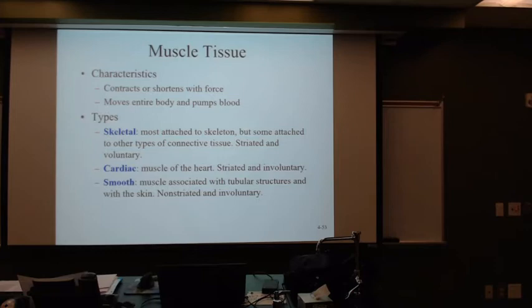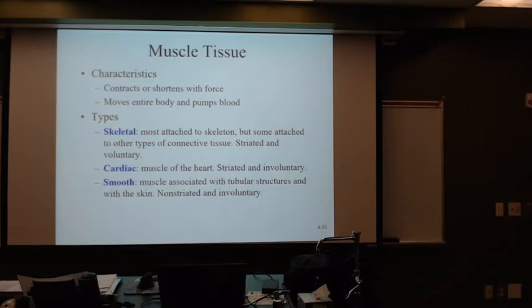We have skeletal, cardiac, and smooth. Now, for our purposes in A&P1, we are going to focus on the skeletal muscle. But just remember that there are 3 types altogether.